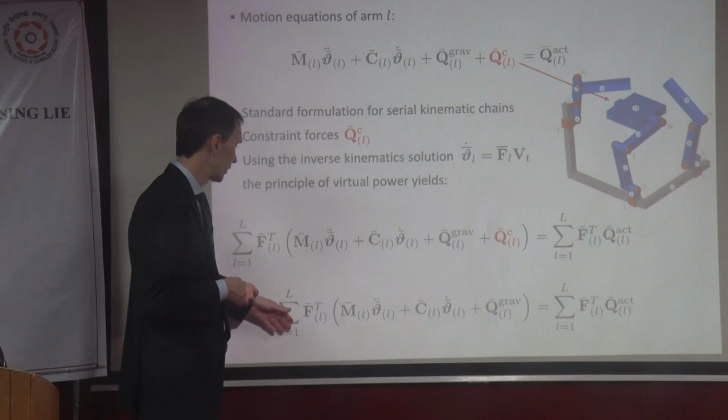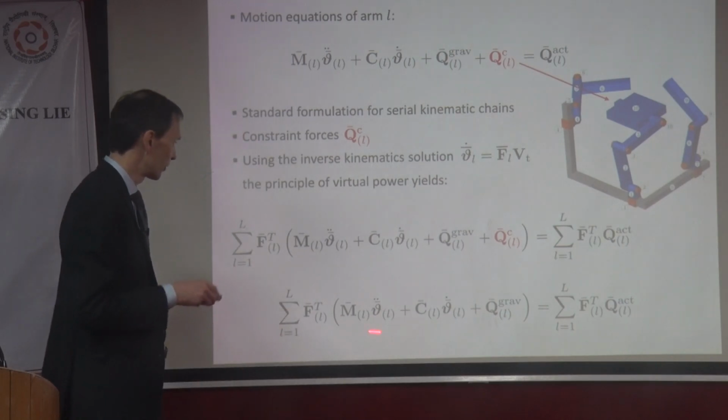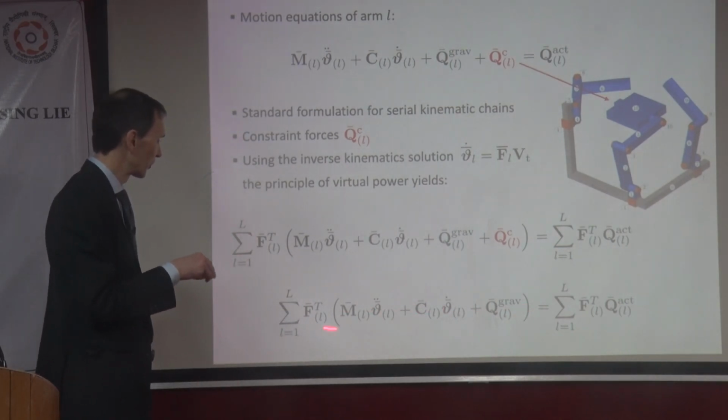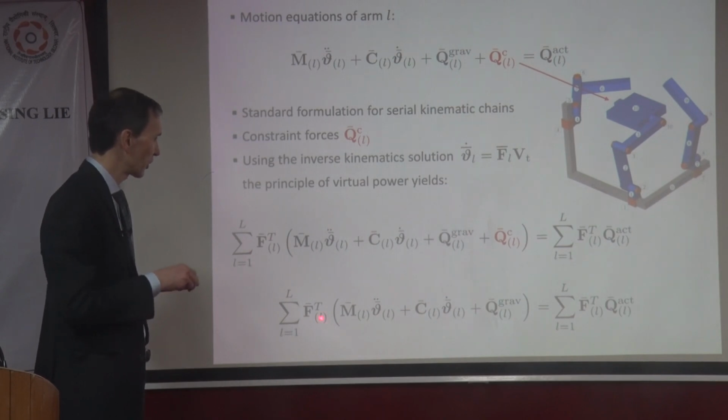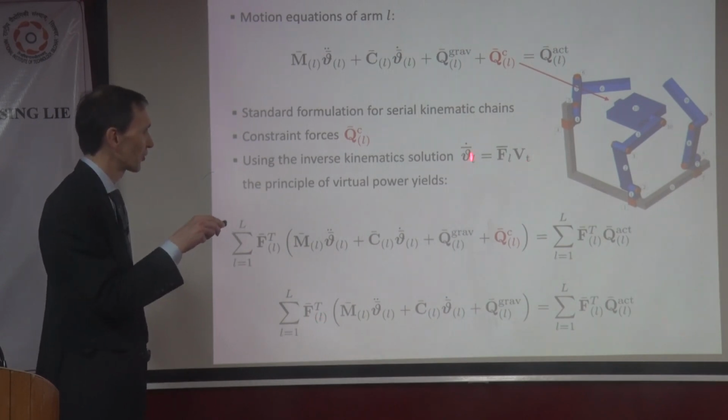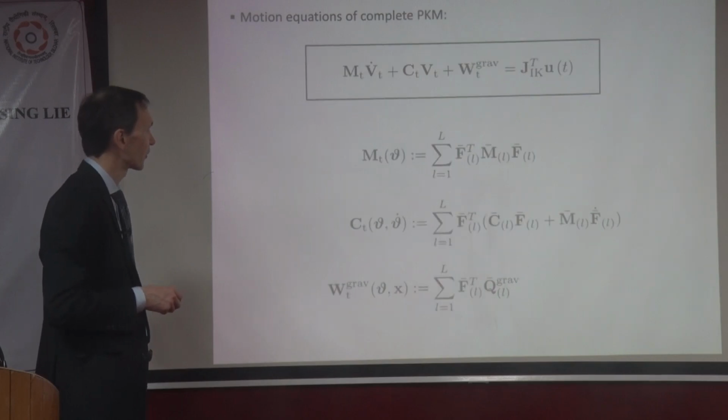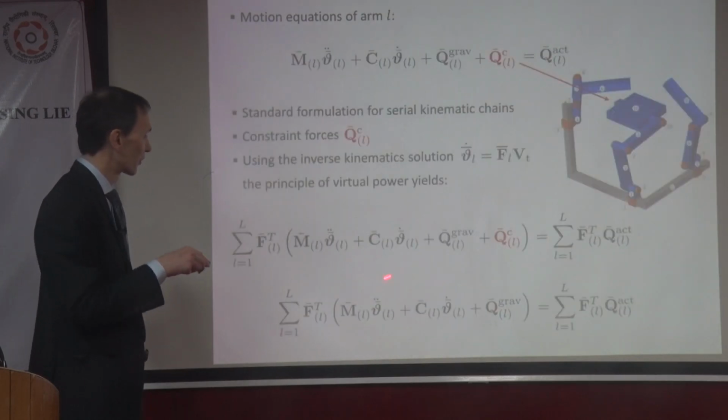So you have to sum up these equations for all the limbs, multiplied with this F matrix that transforms task space velocities to the joint velocities. And in the end, so again we have the q dot and theta dot and double dot in here.